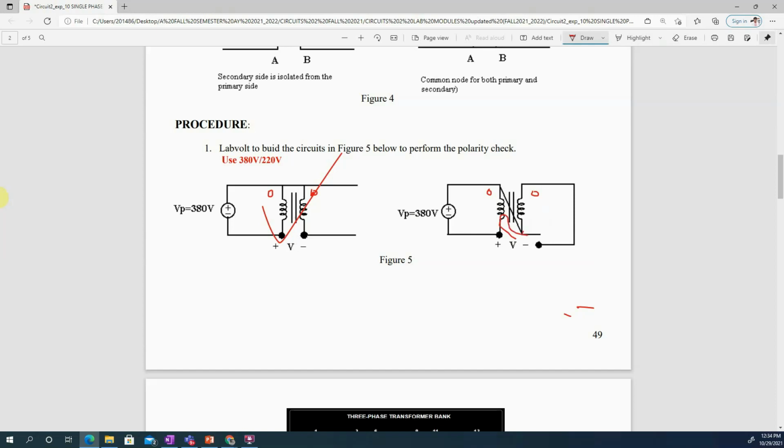We will have KVL like this loop, right? It will be minus E minus EP, and then minus ES will be equal to 0. That means E is equal to the absolute value of minus EP minus ES. So it will be greater than EP, right? So that means the dot is really here.